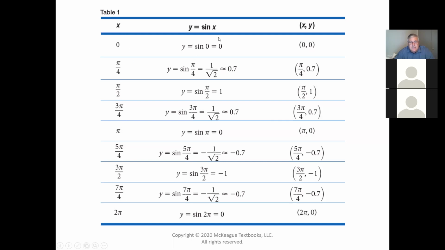The second column is the function that we are going to focus on. It's the basic sine function, y equals sine x. The third column then will represent the ordered pairs that will ultimately lie on the graph of y equals sine x. So in essence, we are going to graph this trigonometric function y equals sine x.